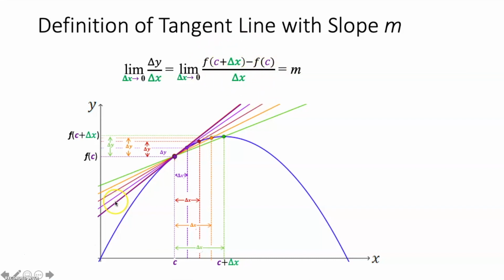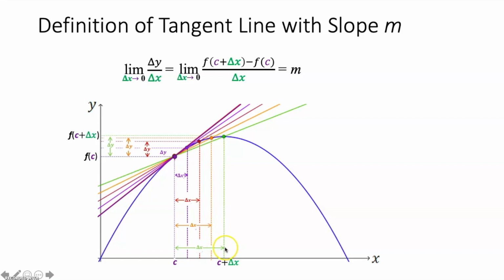Well, my goal here is to eventually get the slope of the line tangent to the curve, our blue curve, at this particular point, c comma f of c. Now, to do this, I'm going to first draw a secant line. And that secant line is going to go through my point, c comma f of c, and it's also going to go through another point. And this point has an x value that's a certain distance away from our initial x is equal to c value, right?